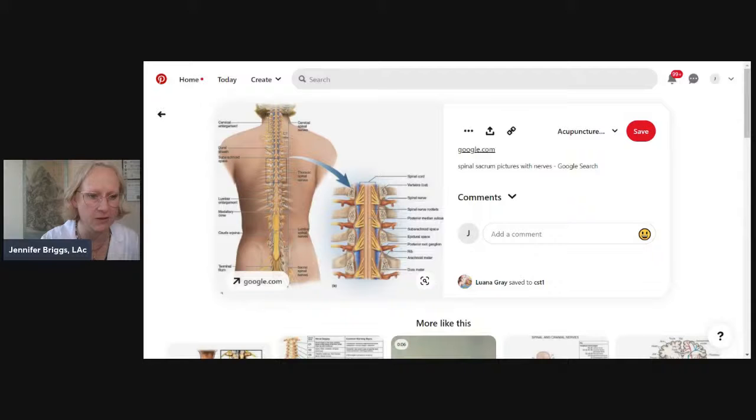Then at the very bottom, you can see the outline of the upper hip bones on the top of the buttocks. The vertebrae, the bones themselves, are there to protect the spinal column. And at each vertebra, there's a nerve that comes out.